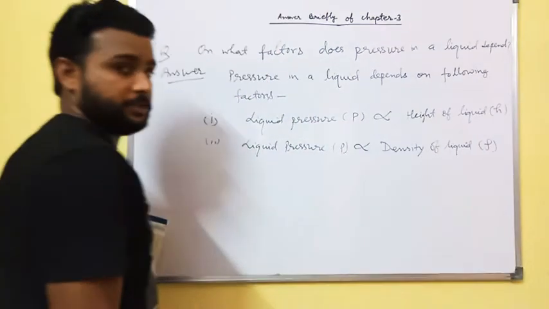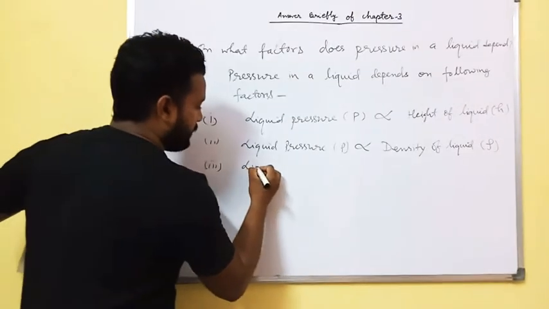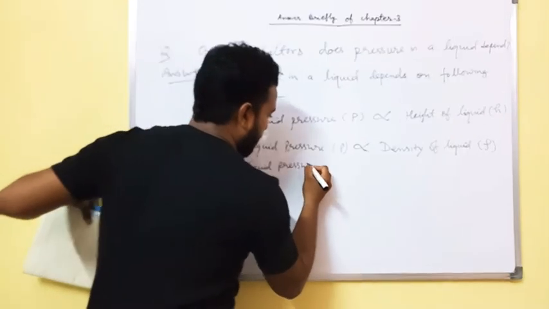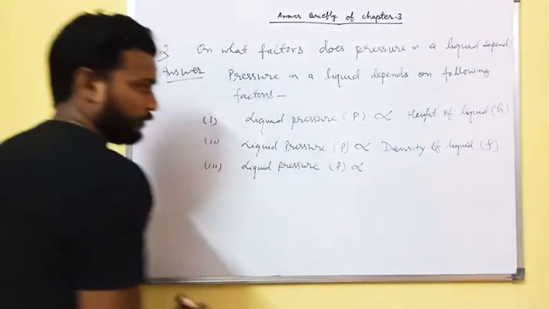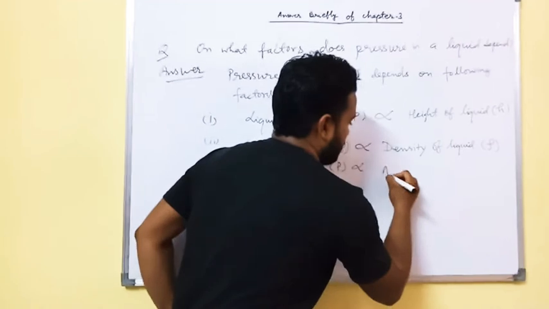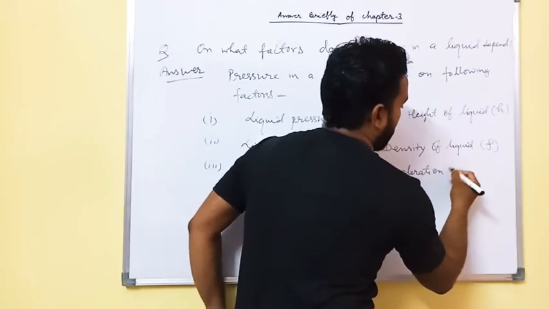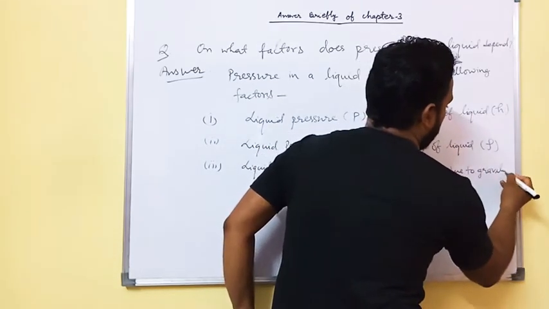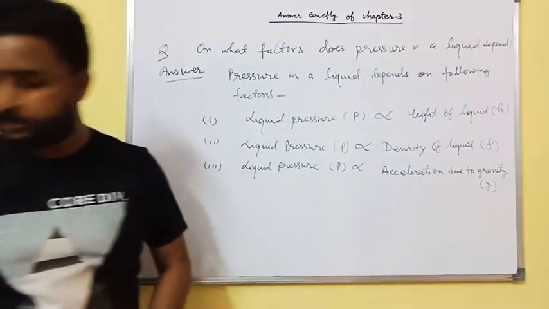Rho for density. Now, liquid pressure P is directly proportional to the acceleration due to gravity, the value of small g.